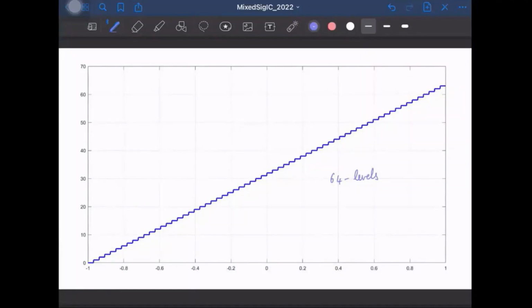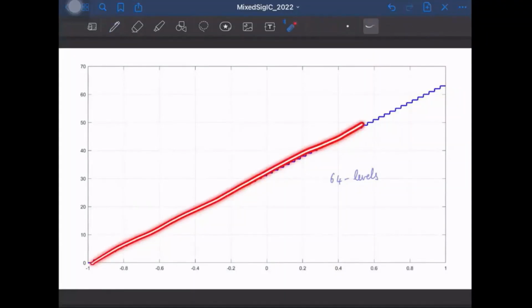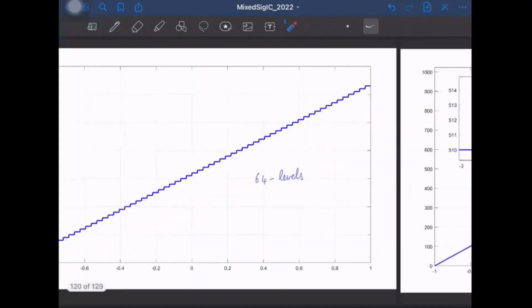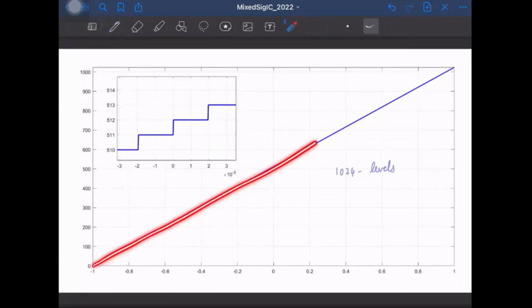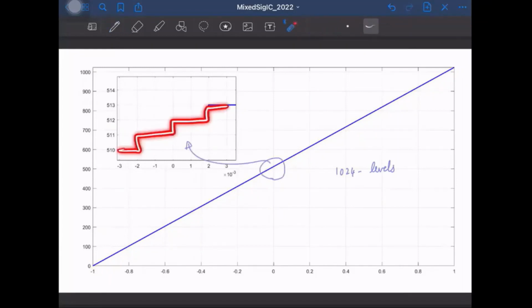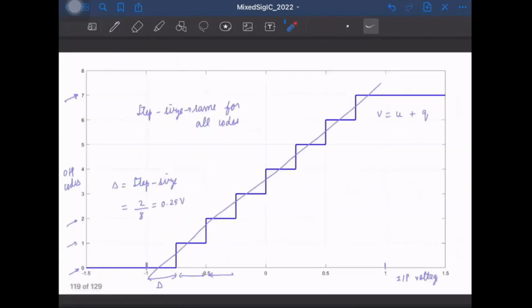We can see that it is looking more and more like a straight line. And if I have more levels, say here I have taken 1024 levels in the same range, this basically looks like a straight line, and only when you zoom into each portion, you can see these staircase jumps. We are able to see this kind of a straight linear line because the step size for all the codes is the same.